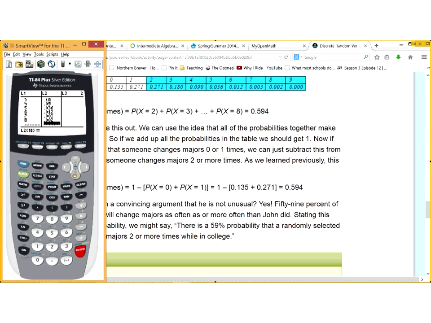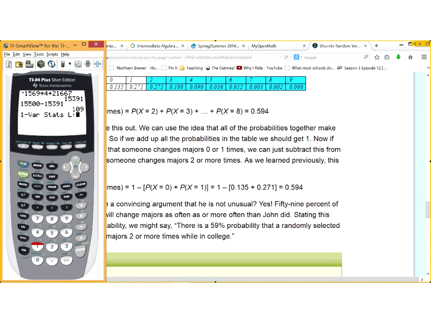Now, the way to find the mean, or the expected value, is the same way we did it in Module 2, when we were taking data from the test. We go stat and calc, and we do the 1-var stats, number 1.